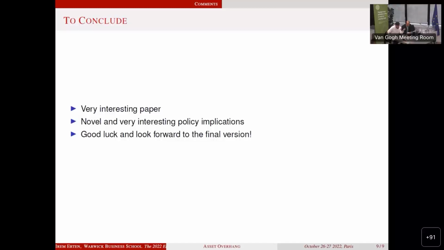Now, for the second point on innovators, let me see, because there are a couple of ingredients I want to make clear here. Indeed, we have two things. Here I presented results of the extensive margin, but we also have results on the intensive margin. So we look at the change in credit given to firms as a function of whether they are green or not, and whether they impose an overhang on the rest of the economy or not.